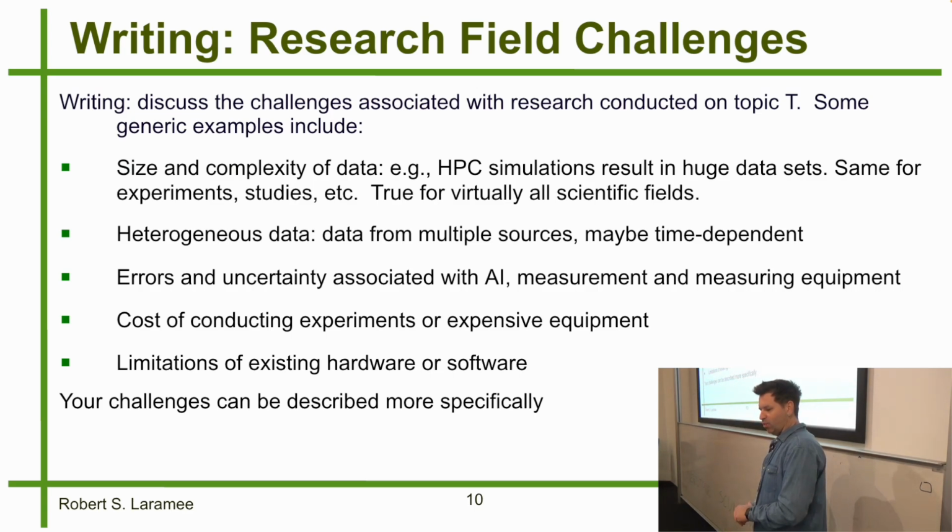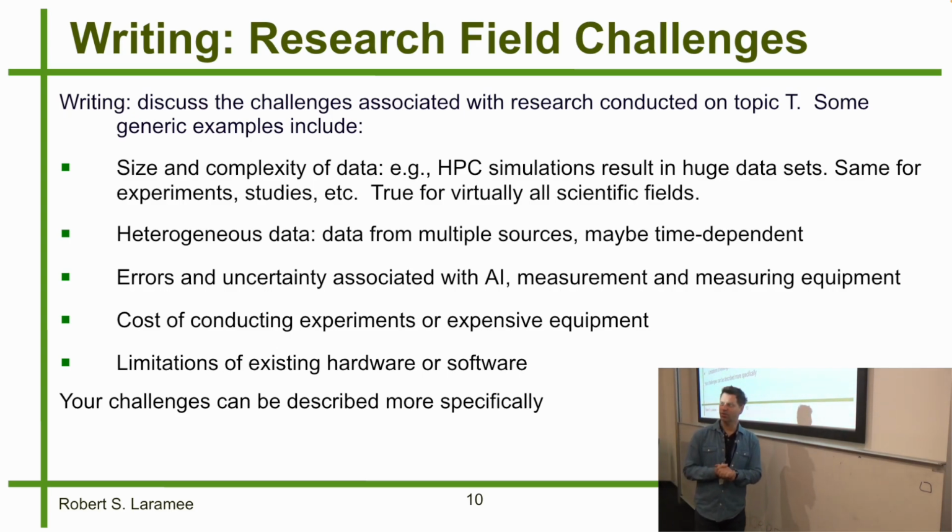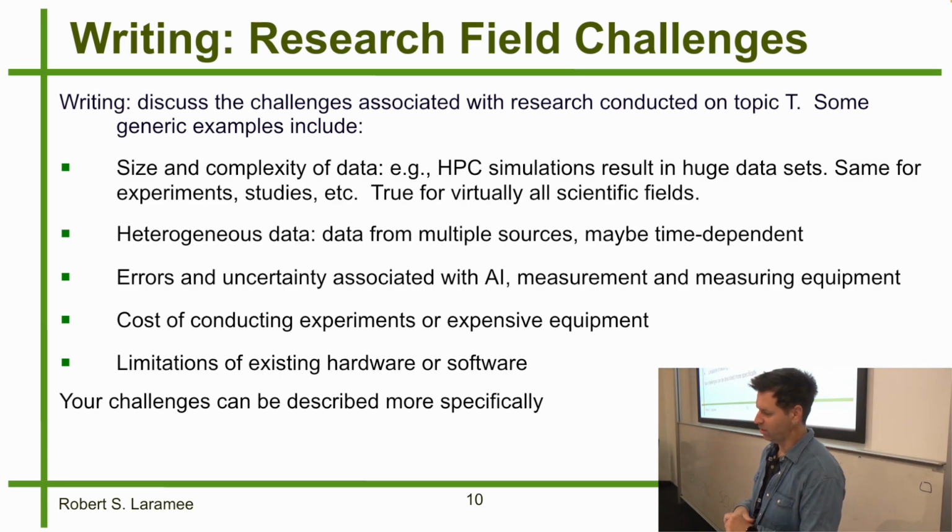So, writing research field challenges. If you have chosen a topic and you've chosen a scope, you want to also try to summarize the typical research challenges associated with that topic. And this is what we're calling research field challenges.